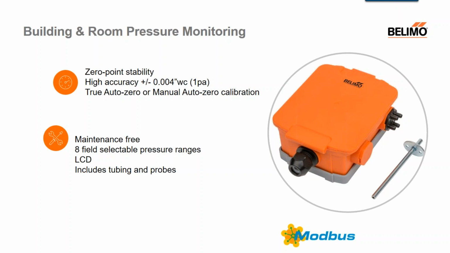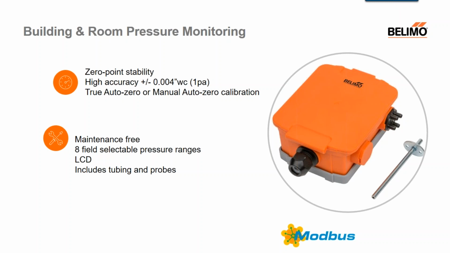But then if we go to the next higher range up, which also has 8 ranges, is what we call the 0 to 10 inch model. The accuracy of that is plus or minus 0.02 inch. And then we have a larger pressure range unit, which is a 0 to 28 inch.